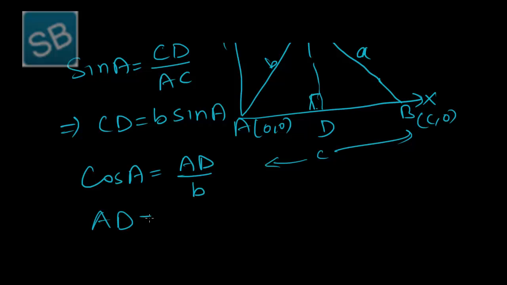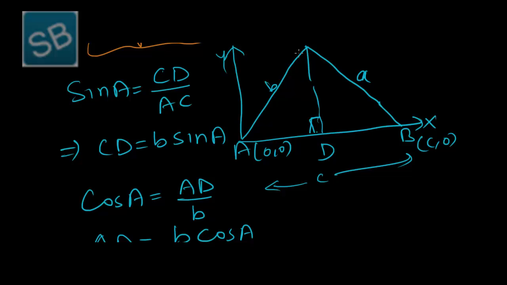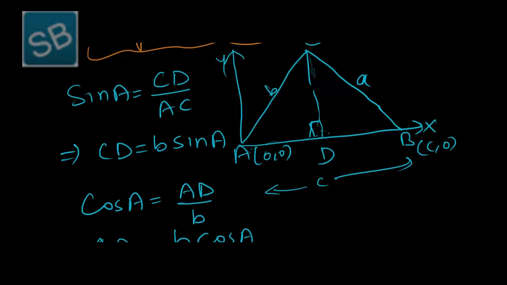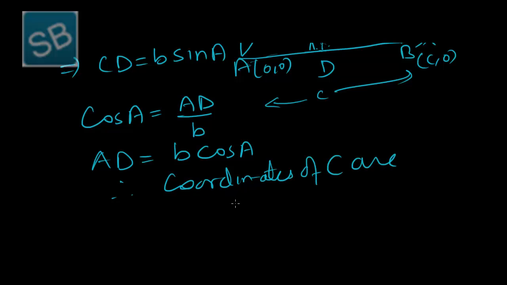So AD is equal to b cos A. For the coordinates of C, this is the x coordinate and this is the y coordinate. Therefore, the coordinates of C are (b cos A, b sin A).